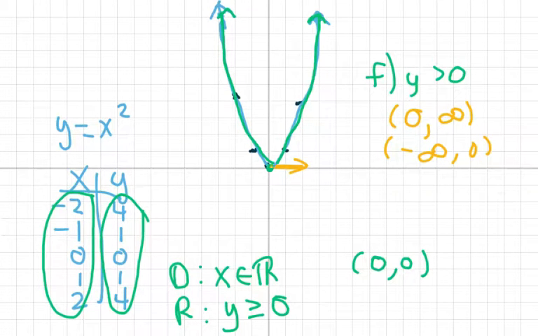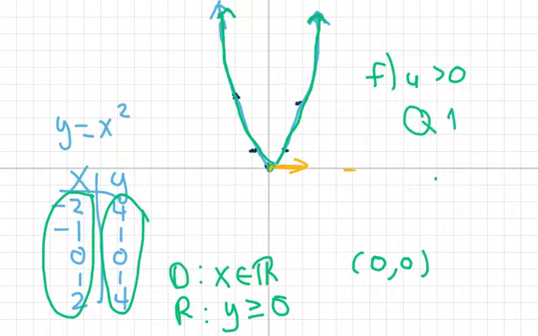We can't count the 0 because y equals 0 there. So this would be F, and this part would be G, where y is also positive. It's not negative anywhere. So let's just write it like this: y is positive in quadrant 1 and quadrant 2.